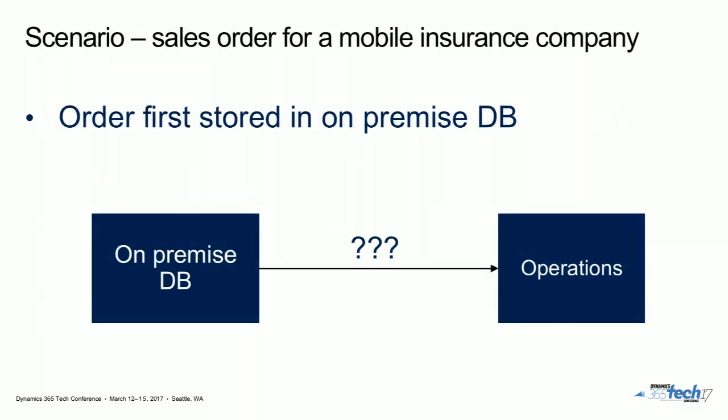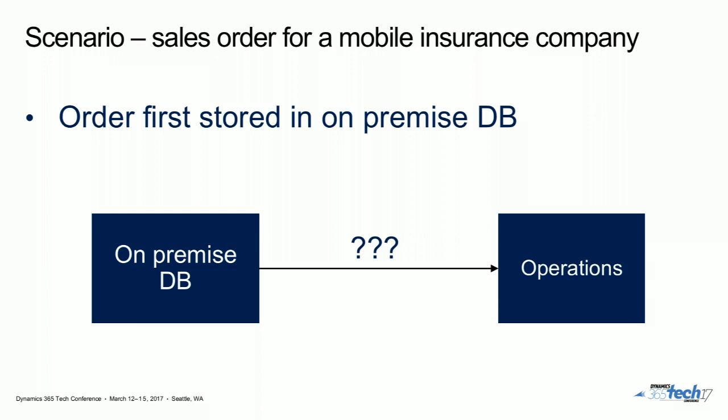Okay, the next scenario we have here is actually a mobile insurance company, and they have a sales order processing application which sits on premise, and the order is first stored in the on-prem database before it's pushed to operations.